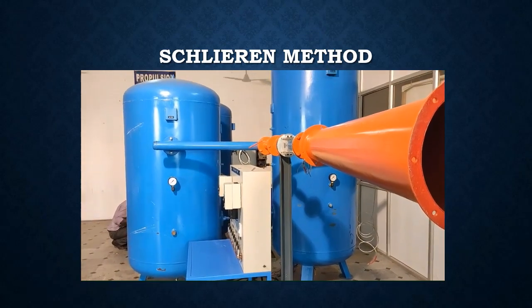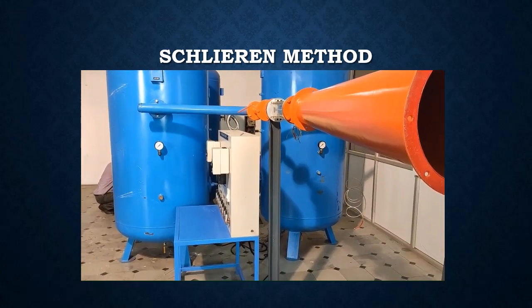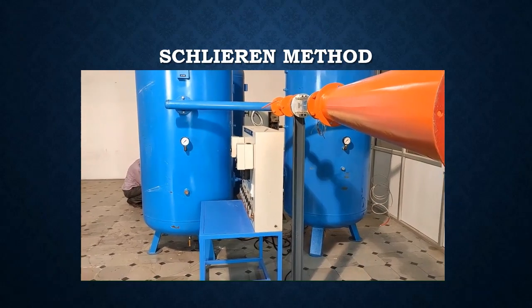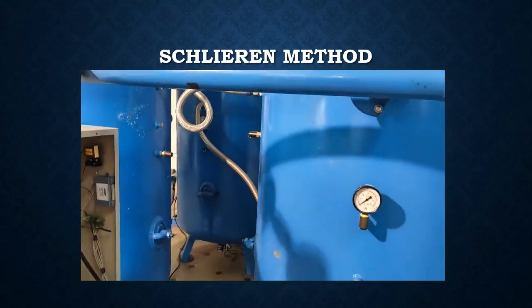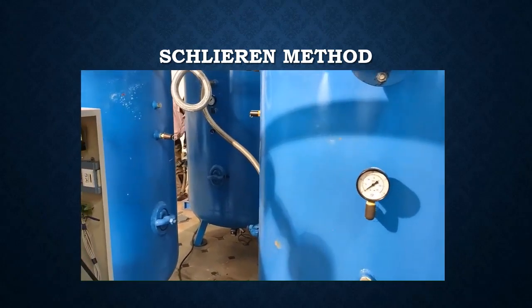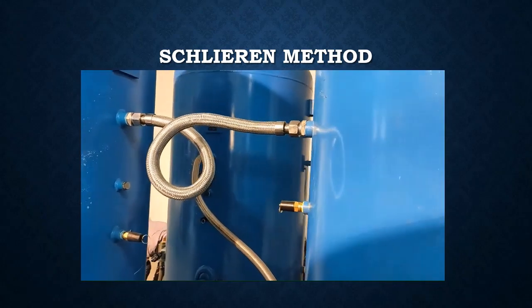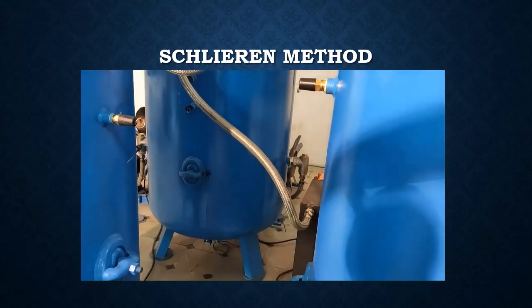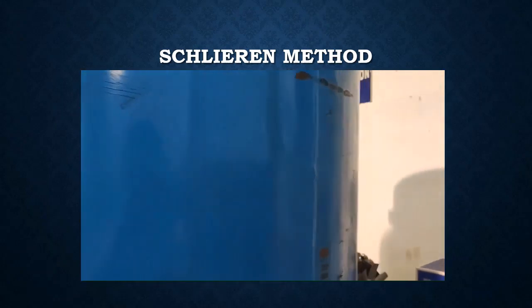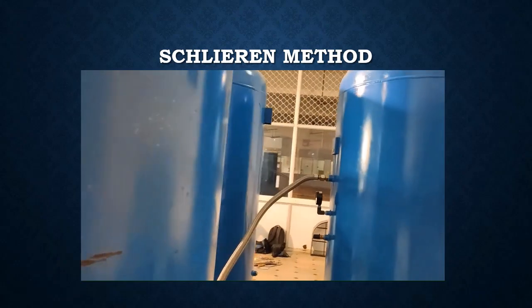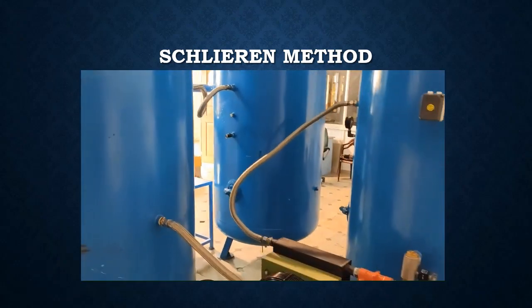This is the nozzle, and this is the silencer, which is used for reducing the noise coming out at high speed. These three are interconnected. Initially we have the compressor unit, which is connected to a single tank.